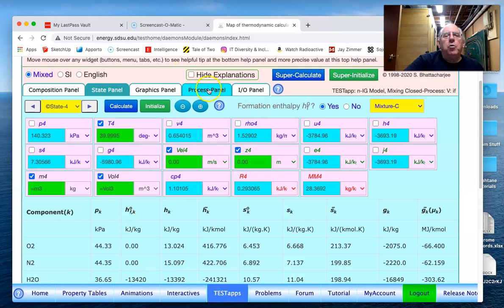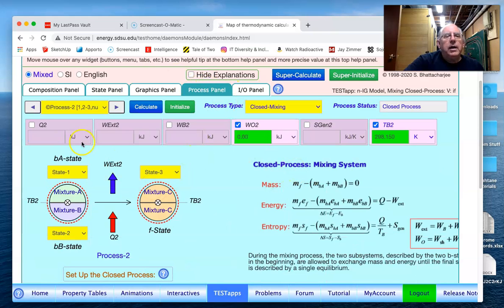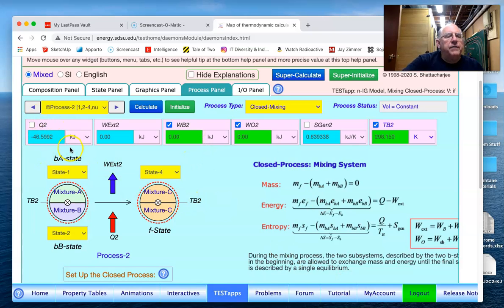Now if I go back to my process panel, for this second process I'm going from state 1 to state 2 to state 4, and state 4 is mixture C, and if I say there's no boundary work, it now figures out that in order for that 58.78 degree temperature to get down to 40 degrees, there was this amount of heat transfer.